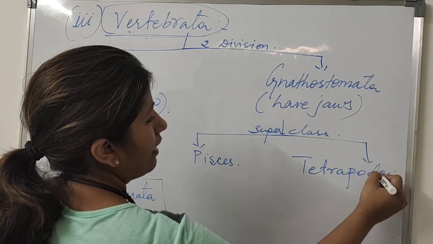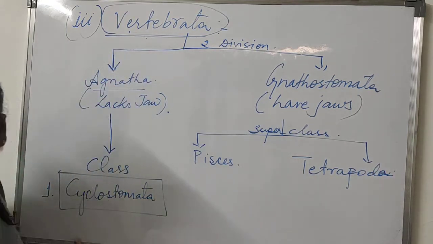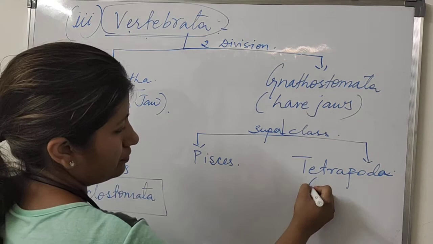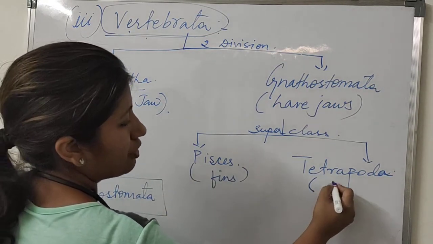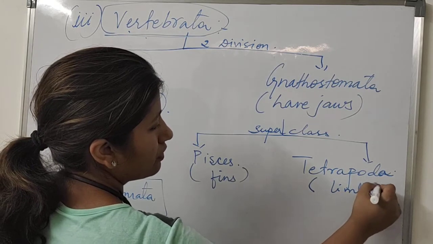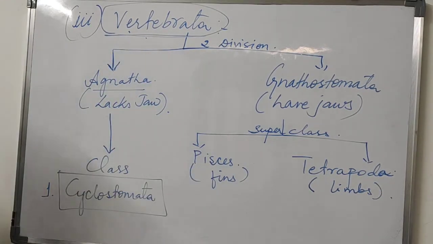Tetrapoda means having 4 legs. Okay, having 4 legs. Pisces have fins and Tetrapoda has limbs. Okay, it has limbs.